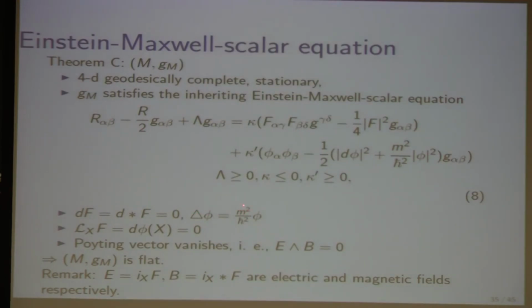This m is the mass, and h bar is the reduced Planck constant. Actually, it is the Planck constant divided by 2 pi, the reduced constant. This is positive, and I assume the Poynting vector vanishes, then it is still flat.